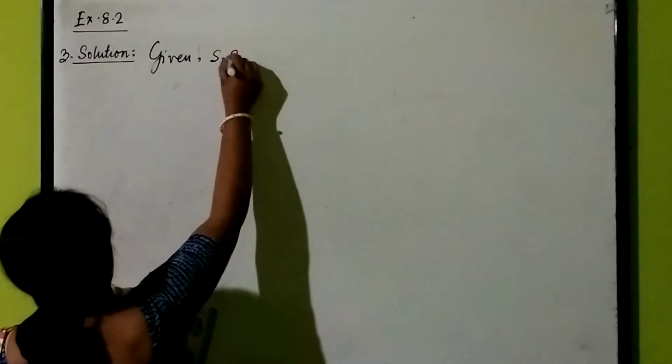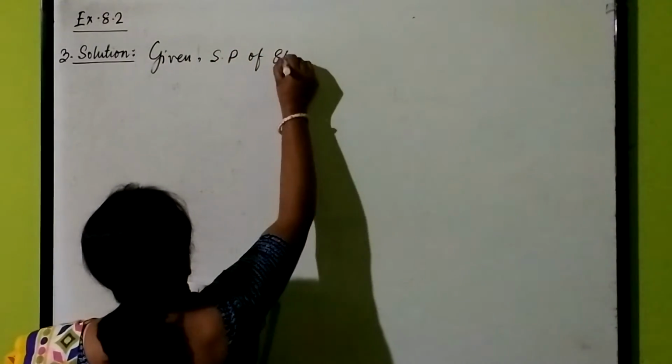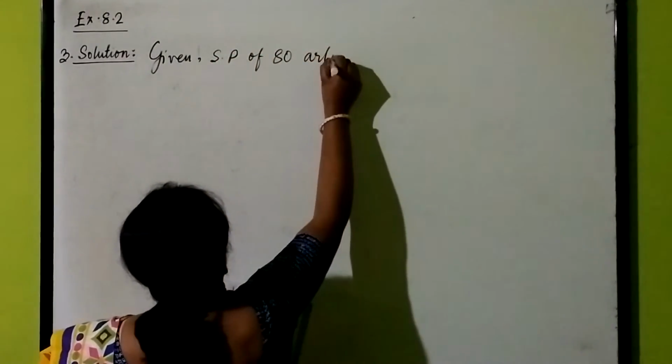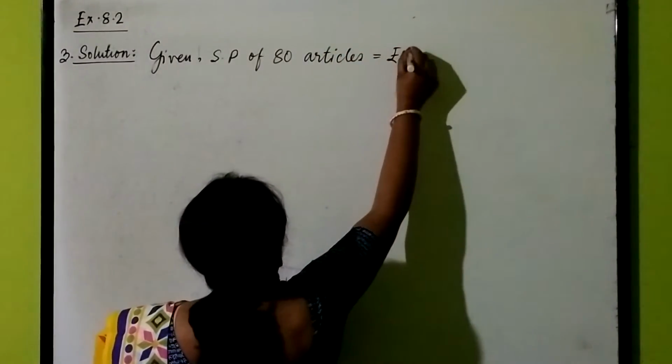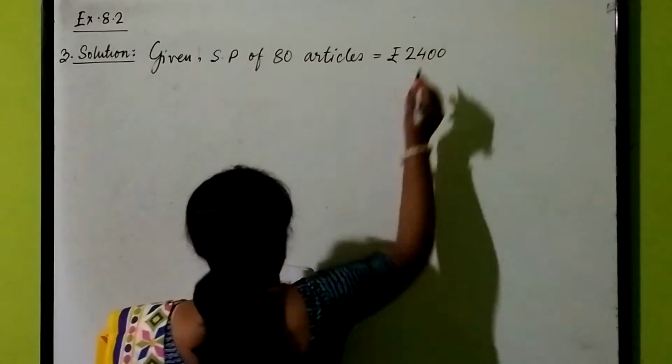Given: SP of 80 articles equal to rupees 2400.